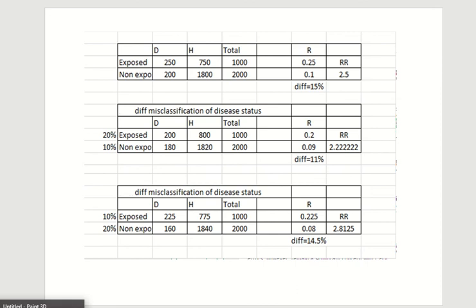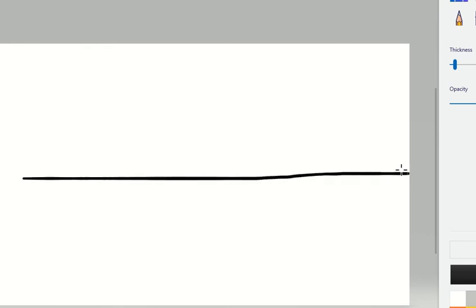So I would like to point out an issue here. Remember when we talked about the odds ratio or the relative risk, if you think about it, it starts somewhere at 0. It passes through 1. This is the null value, meaning there is no difference. And it goes all the way up to a maximum value.